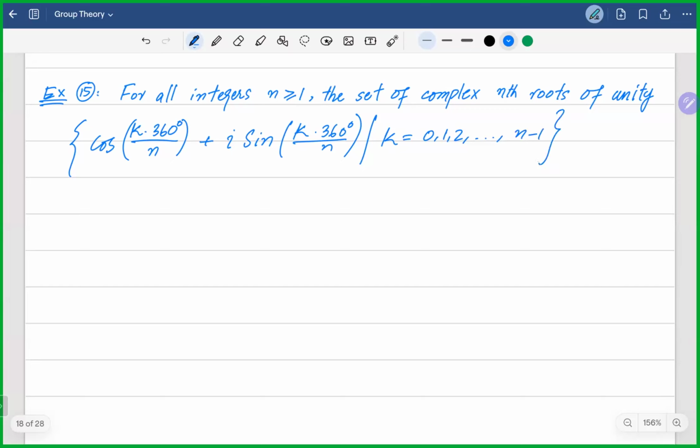Okay, this is also said that the complex zeros, if you heard of any complex zeros, this is nothing but the roots of this equation, is a group under multiplication.